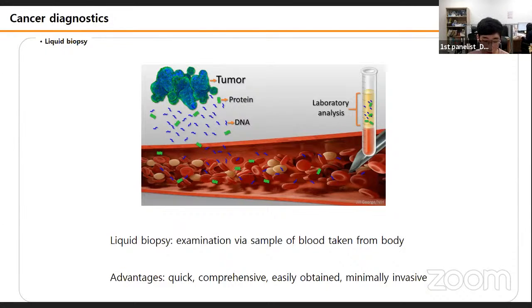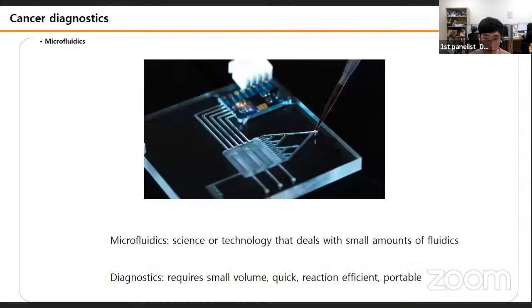Due to such advantages, liquid biopsy has been regarded as a next-generation promising diagnostic tool. However, liquid biopsy also has a limitation in sample sensitivity due to the intrinsic low concentration of target biomarkers.